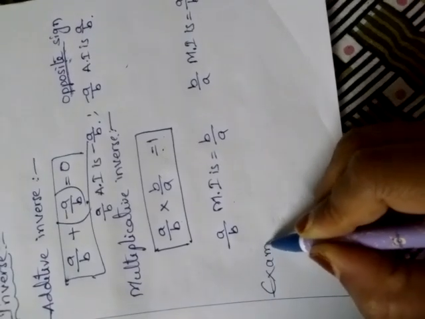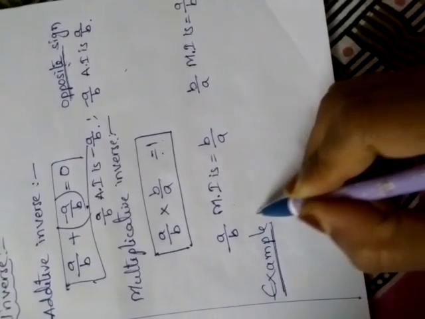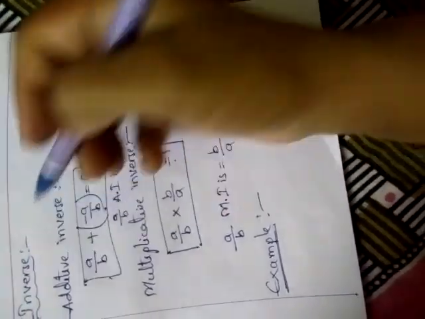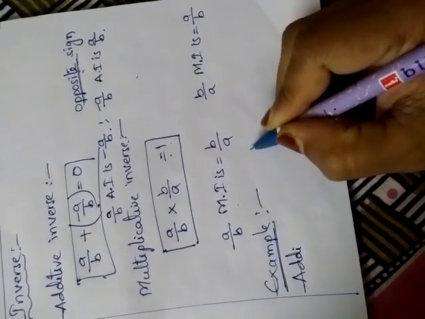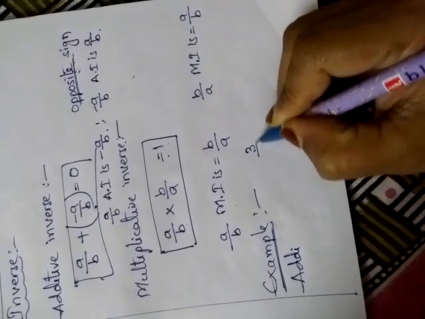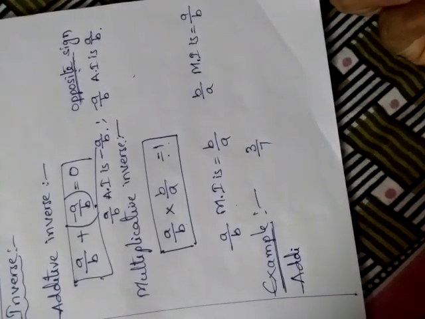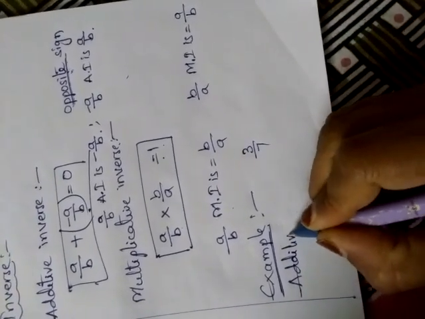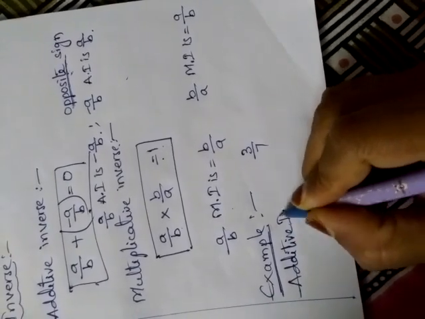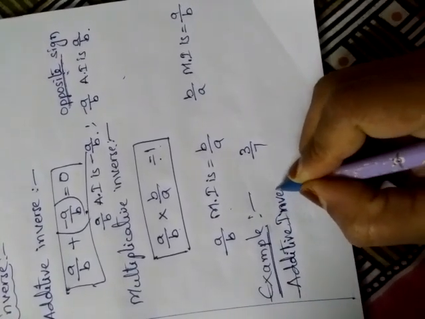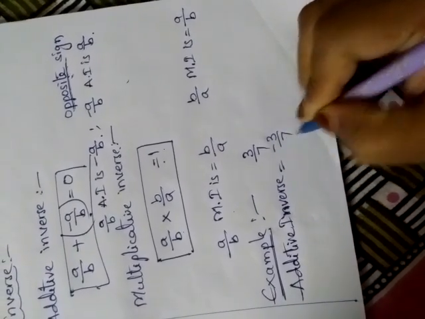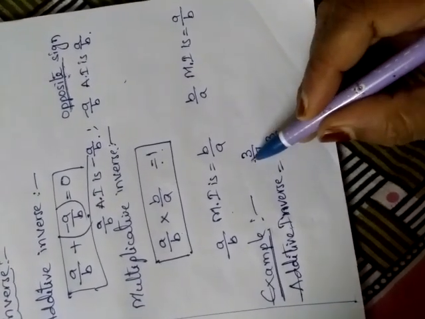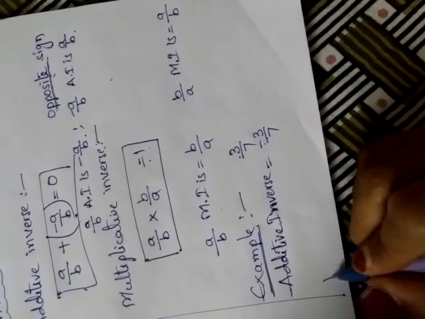Example. I am taking an example, first the additive inverse. We have taken 3 by 7. What is the additive inverse of 3 by 7? Minus 3 by 7, the opposite sign. Here plus 3 by 7 is there, so minus 3 by 7.